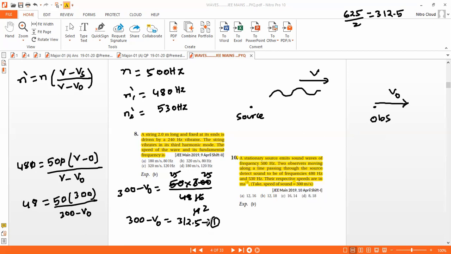Similarly, we have the frequency heard by the other observer. It is 530.